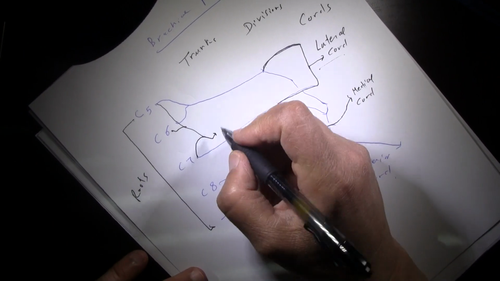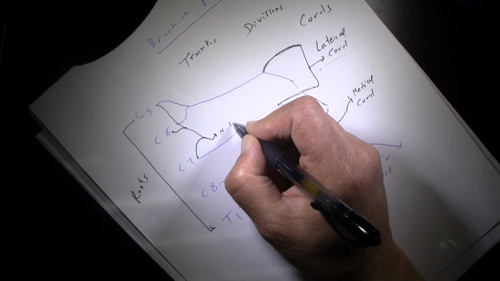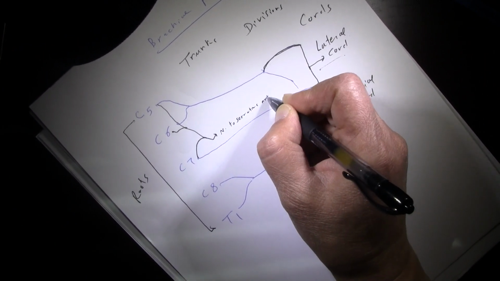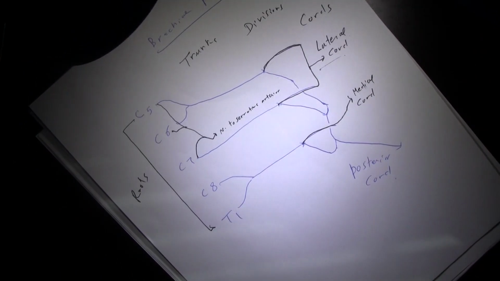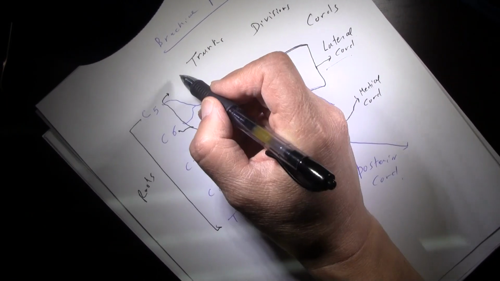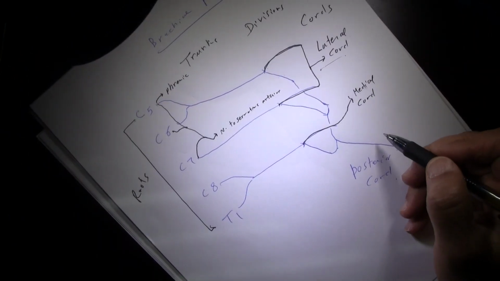One is called the nerve to serratus anterior. C5 contributes to the phrenic nerve.